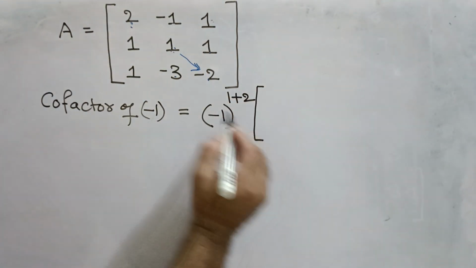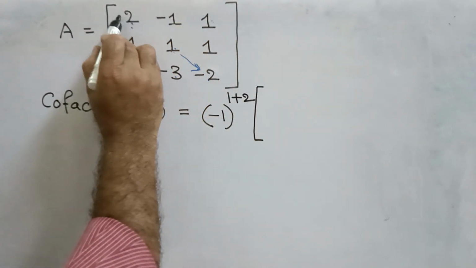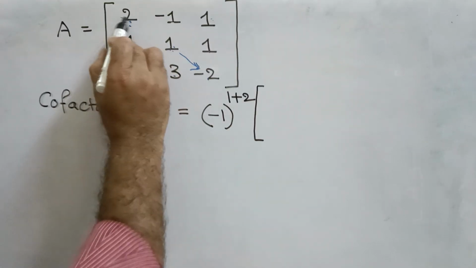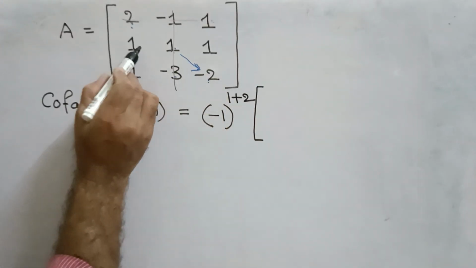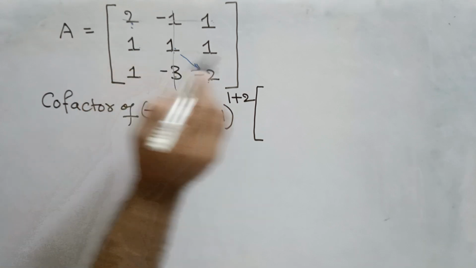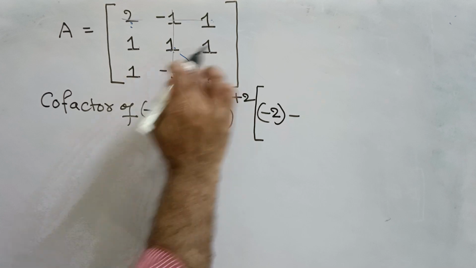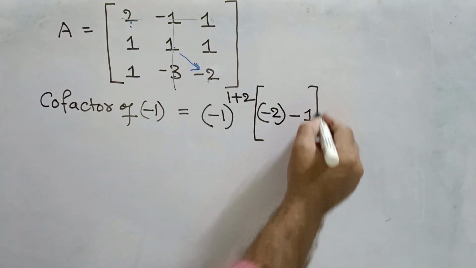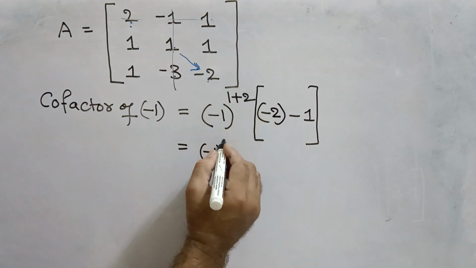Then take the square and ignore the row and column associated with that minus 1. That means if you ignore the first row and second column, what are the elements remaining? 1, 1, 1, minus 2. Take the determinant. 1 into minus 2 is minus 2. Minus 1 into 1 is minus 1. Am I correct? Therefore, 2 plus 1, it is 3.